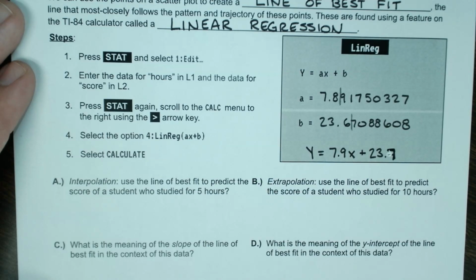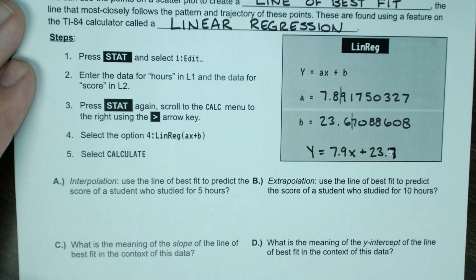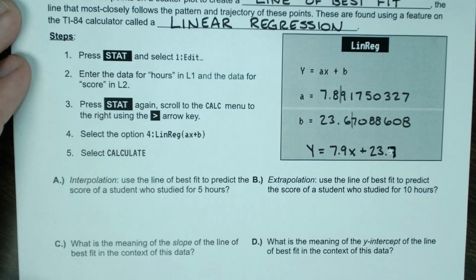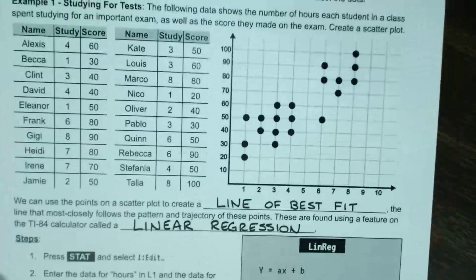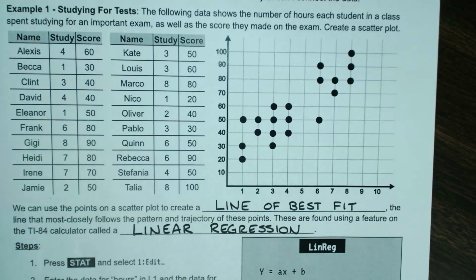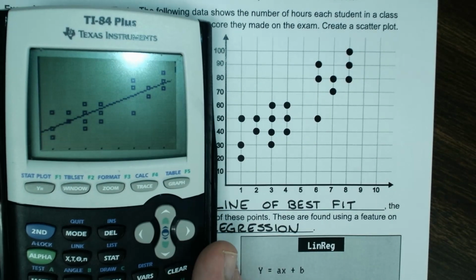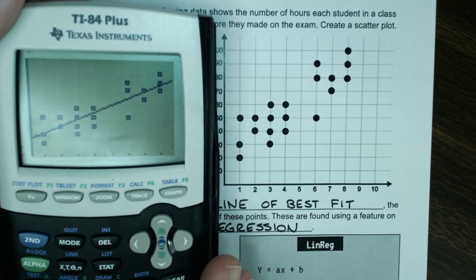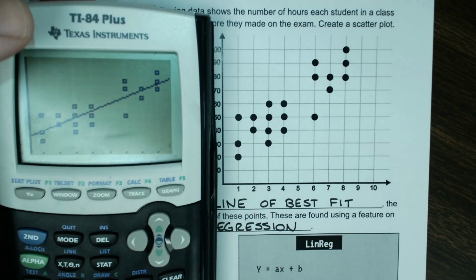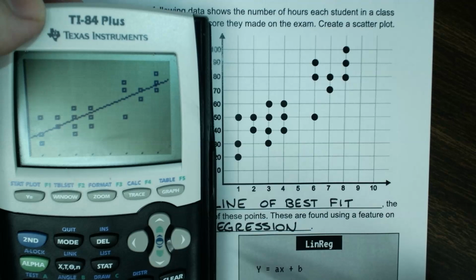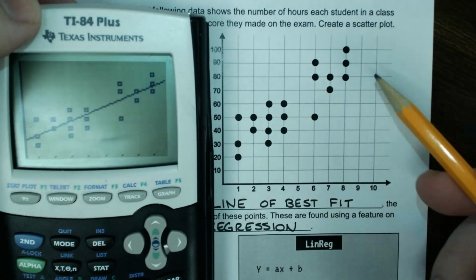So, now that we've got that line, we can use it to make some predictions about scores, and we can interpret kind of the overall pattern of these scores. Going back up here for a second, again, you don't need to have this in your calculator, but if I go to the graph, I've actually got it plugged in here where it'll go ahead and draw the line for me. You don't need to worry about actually drawing it perfectly, but do just kind of sketch the general trajectory of this line.